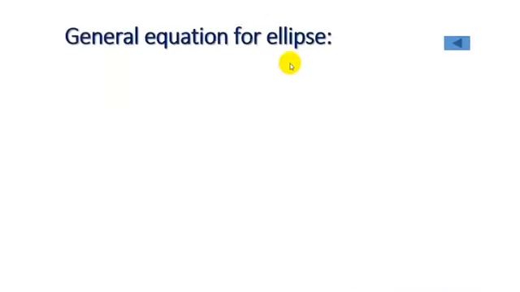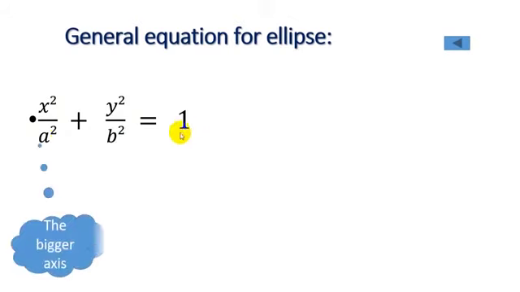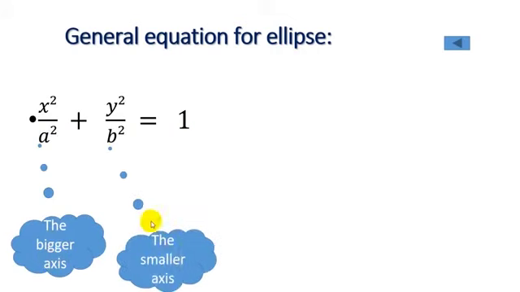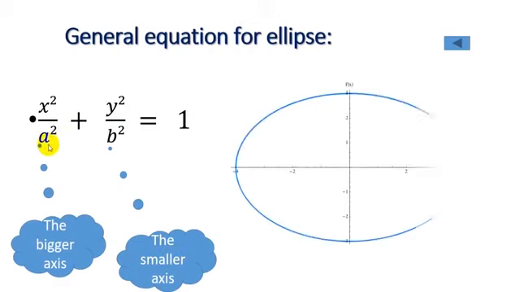The general equation for the ellipse is x square over a square plus y square over b square equals 1. This one is the bigger axis, and this one is the smaller one. So if you change the axes, you will change the general equation.